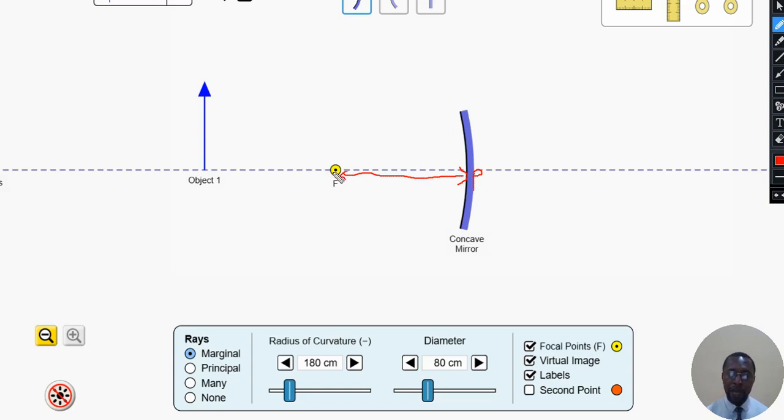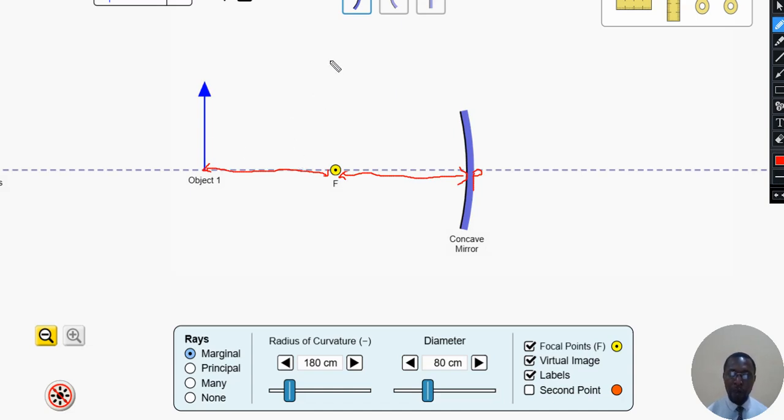Okay, and now if you observe very well, you find out that the length between this spot and this spot is equal to the length from this spot to where this object is. Now if you add up the two, from the pole down to where the object is, it is called the radius of curvature.